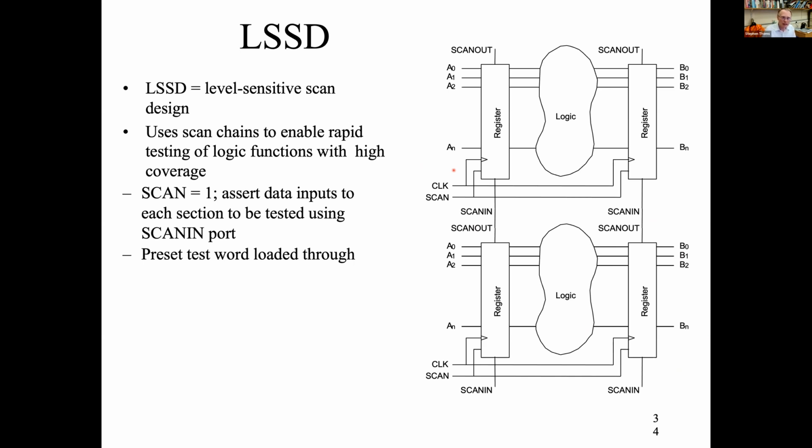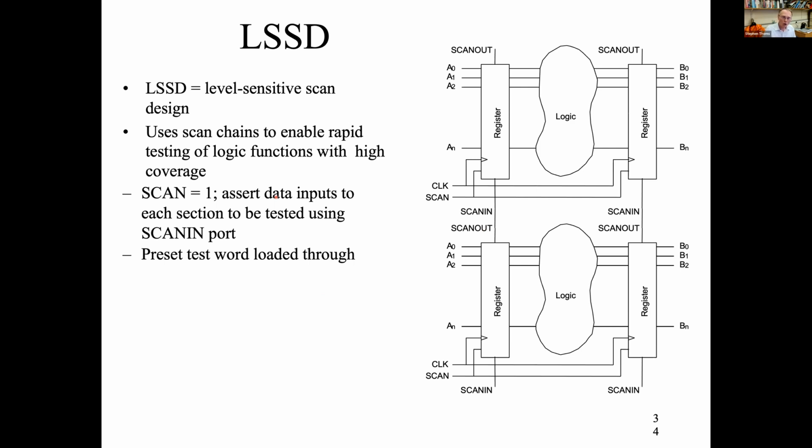So scan equals 1, this assert data here, puts it into a test mode and lets each section be tested using a scan in port. There's a scan in port, which will be a single pad input to the circuit, and you can put the data into that in a serial fashion.